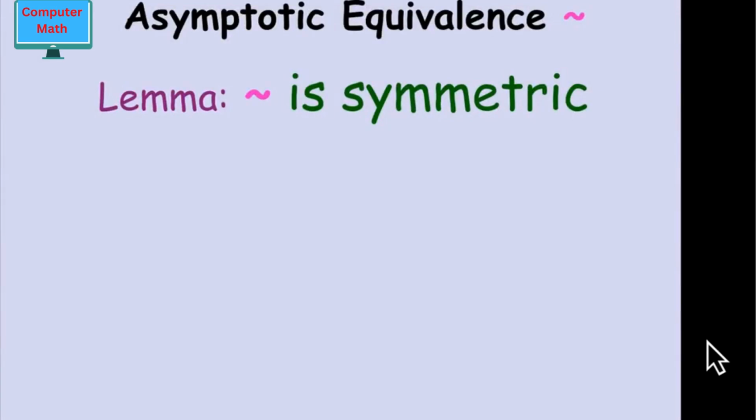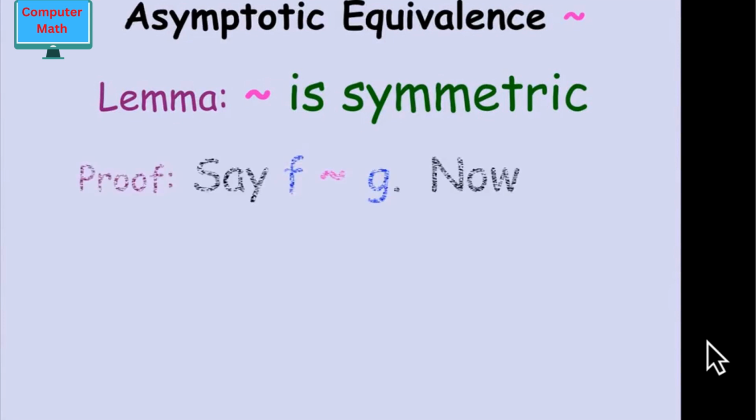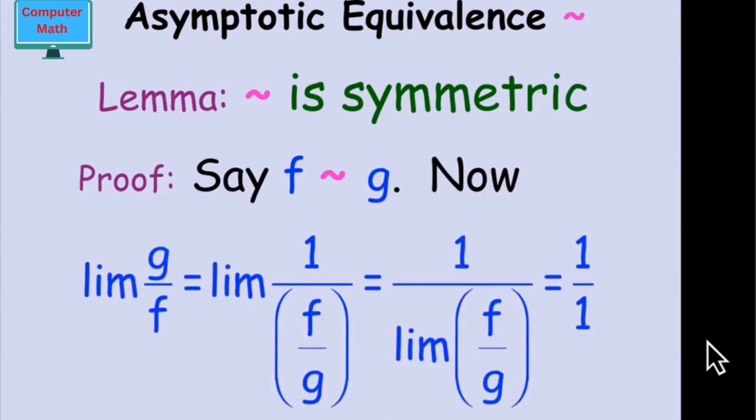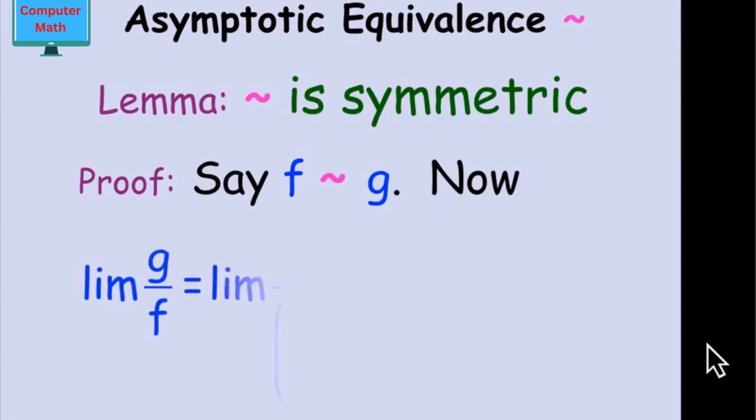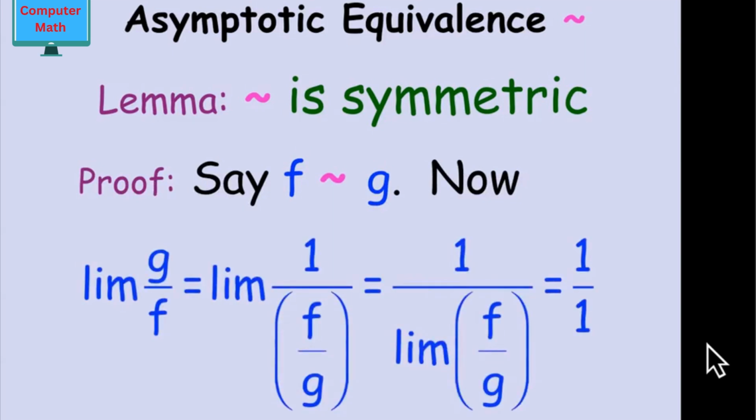There are some easy properties of asymptotic equality that follow immediately from the definition. One of them is that it's symmetric. Namely, suppose that f is asymptotically equal to g. I want to prove that g is asymptotically equal to f. Let's look at the limit of g over f, which is what I'd like to prove is 1.